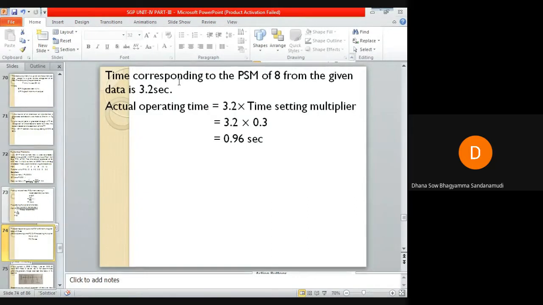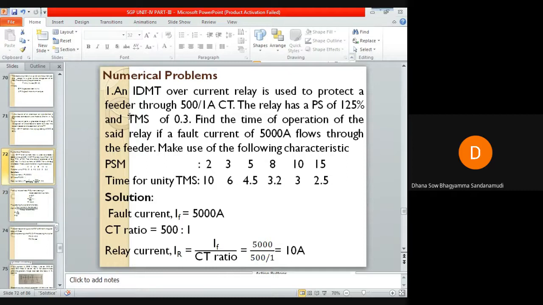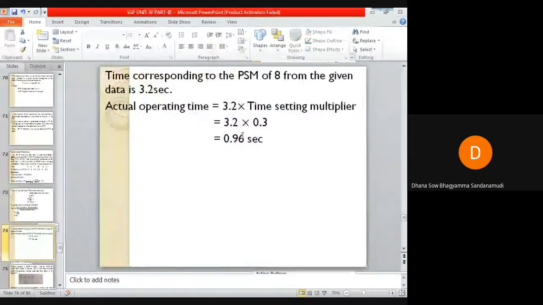Okay, so now let us calculate the actual operating time. The actual operating time is the time corresponding to the given plug setting multiplier, 3.2, into the time setting multiplier value. In the problem, the TMS value is given as 0.3, and the time corresponding to the PSM value is 3.2. So 3.2 into 0.3, you will get 0.96 seconds.